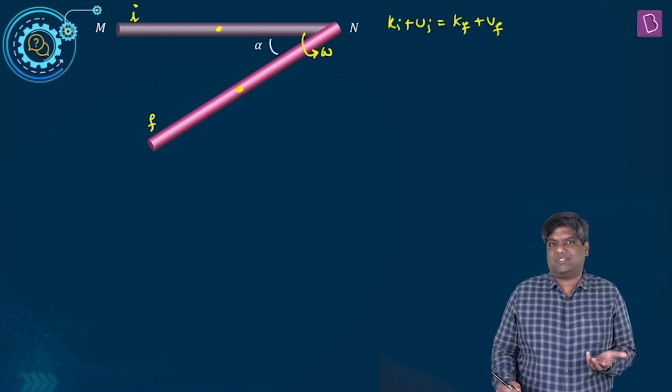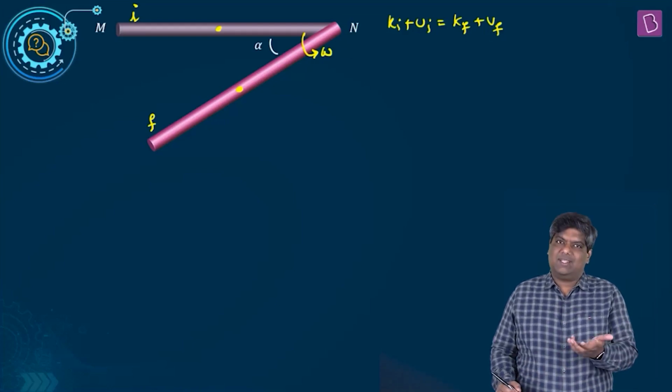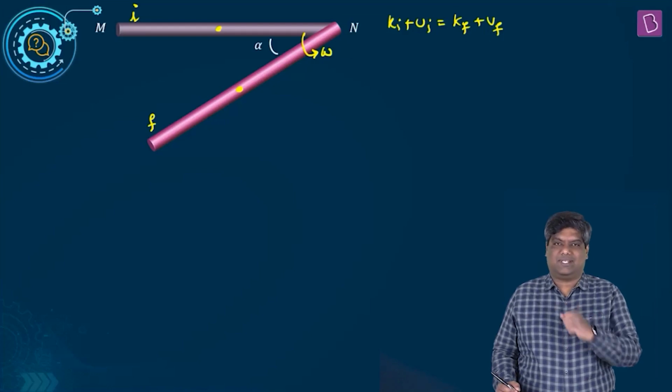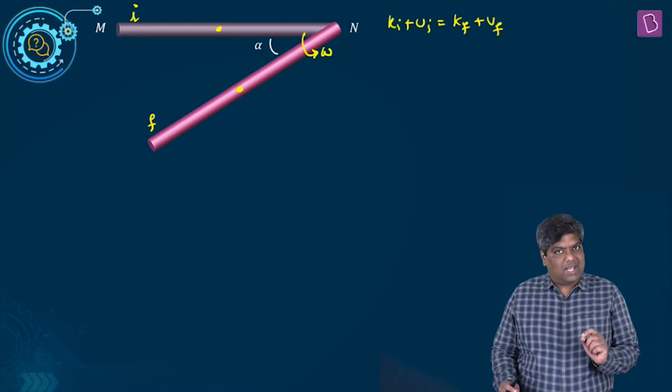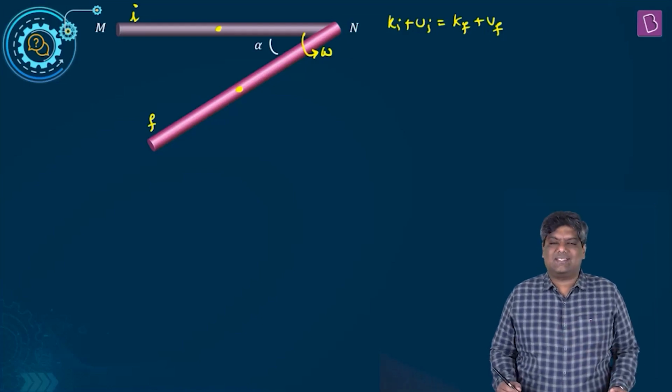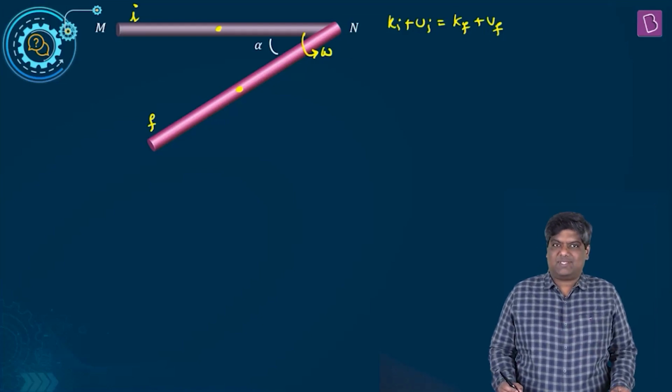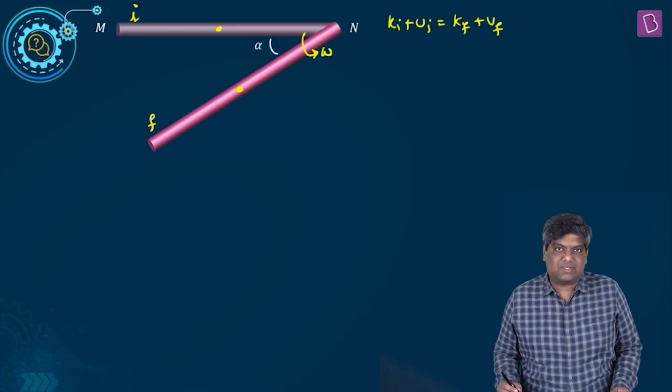If they do not possess torque, a moment of force, they will not perform any work. So there won't be W external. So you will have mechanical energy conserved. In this case, Ki plus Ui is equal to Kf plus Uf.